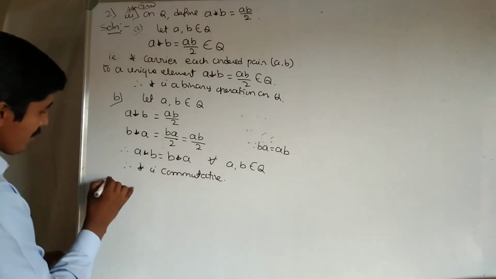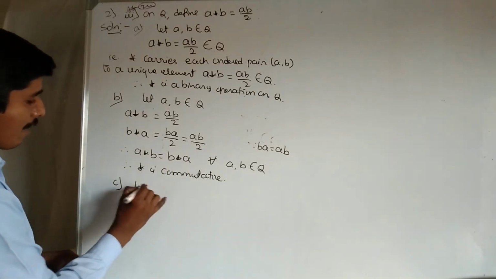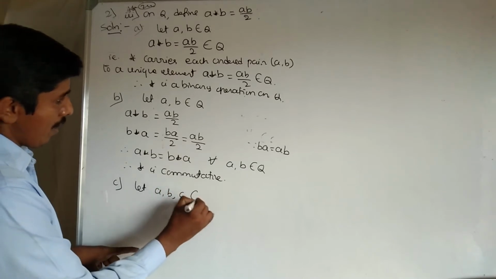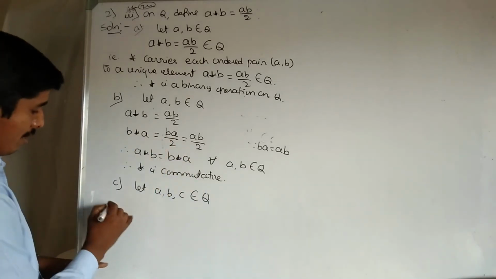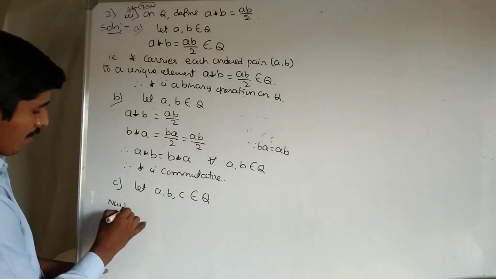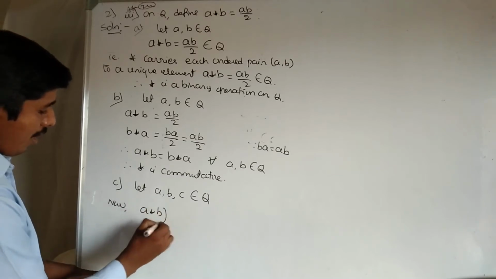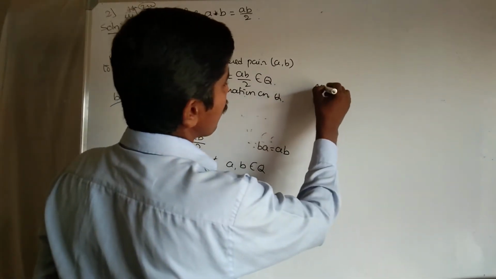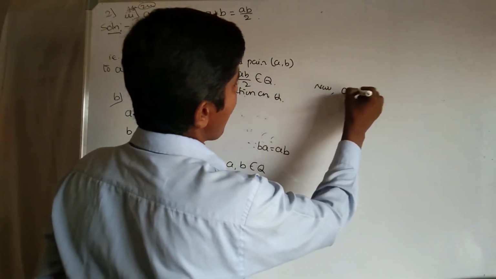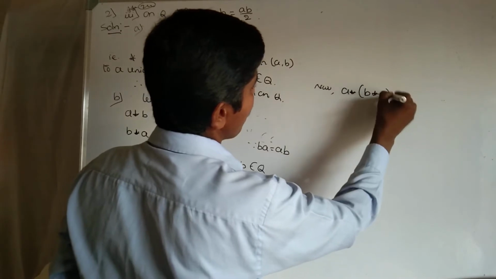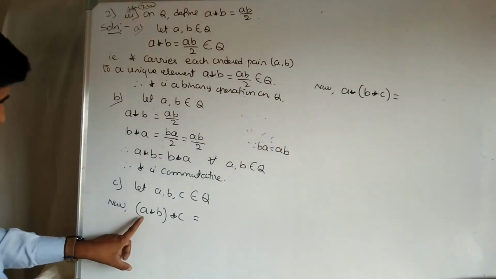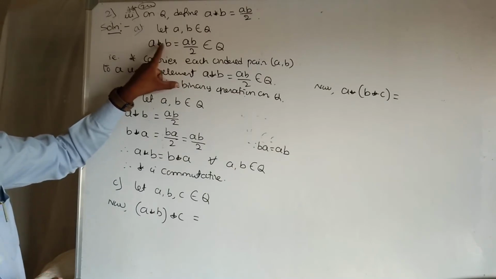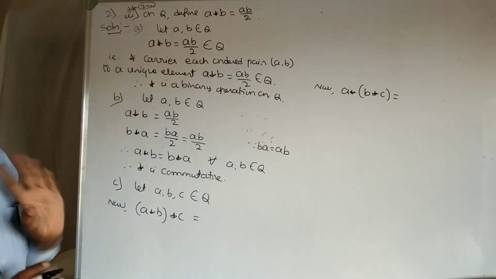I am going to prove it is associative. Let us take three elements in Q: A, B, C belongs to Q. LHS: A star B, of star C. RHS: A star of B star C. Therefore, the binary operation is defined, mind it here, A star B equal to A into B divided by 2.